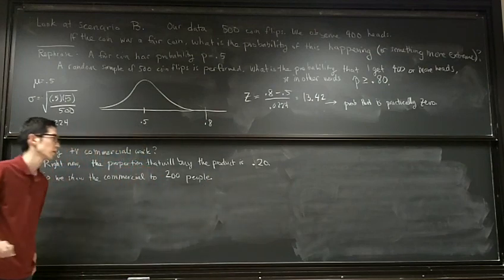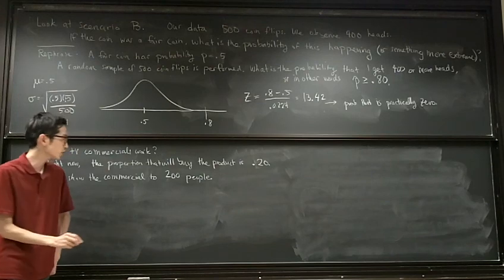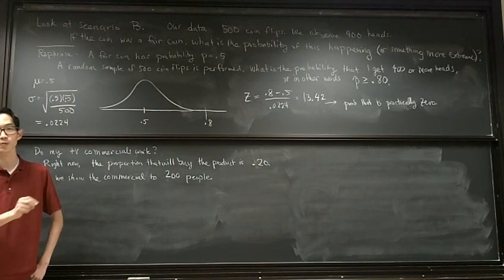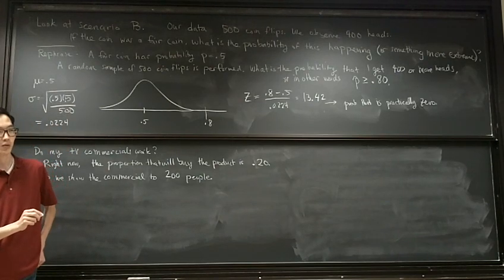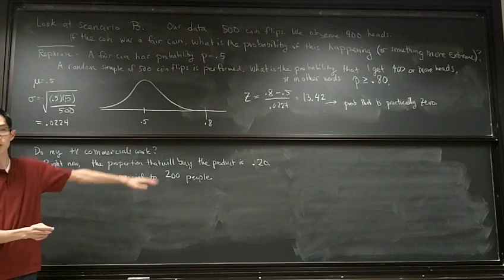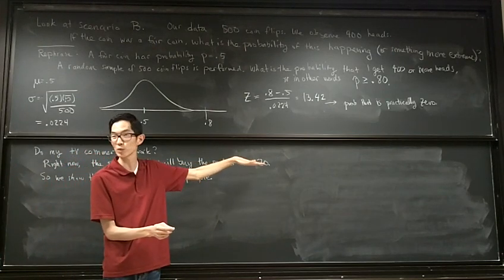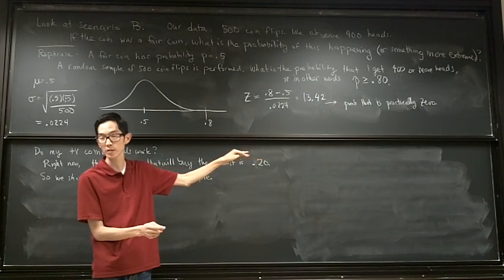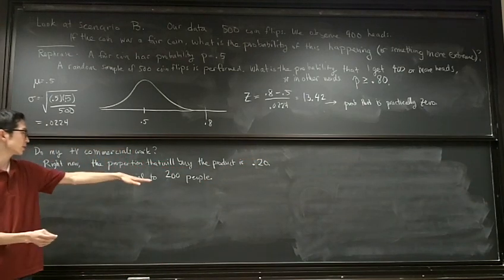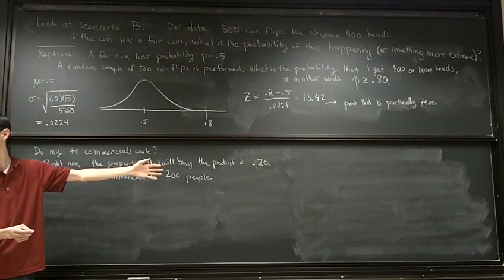So if the commercial had no effect on the people, what proportion would we expect to like the product? 20%, right? We would expect the proportion of people who like the product to just still be the same at 20%. And if we showed it to 200 people, that would correspond to what? Like 40 people, right?